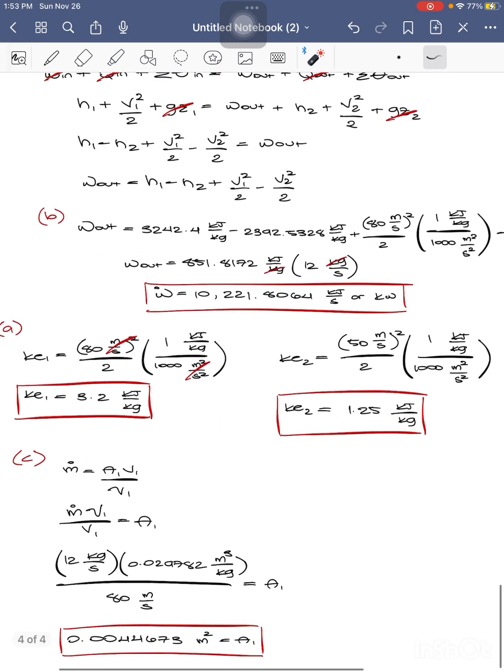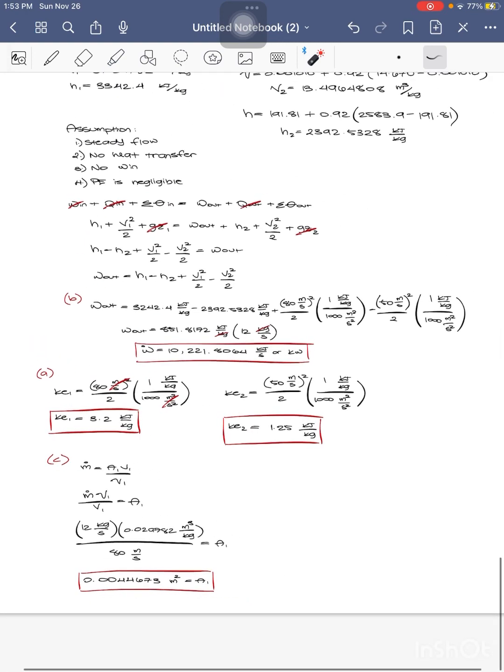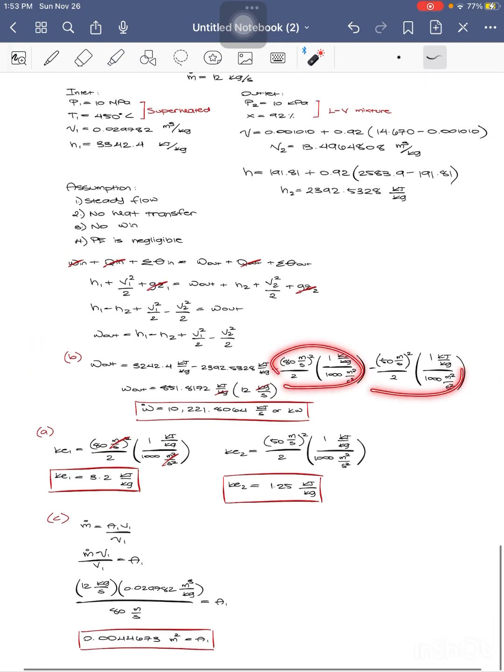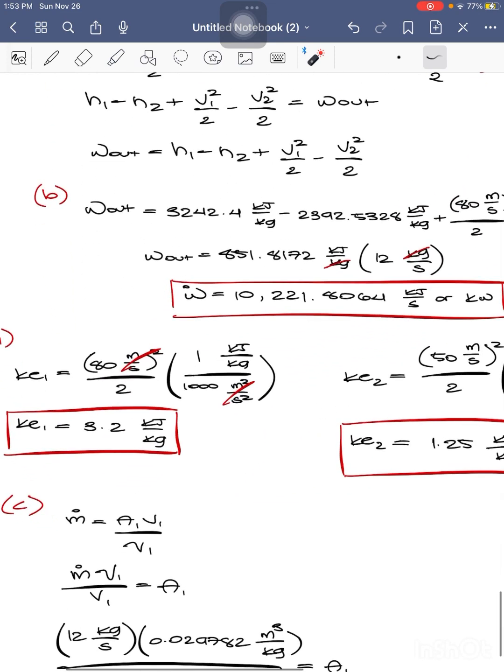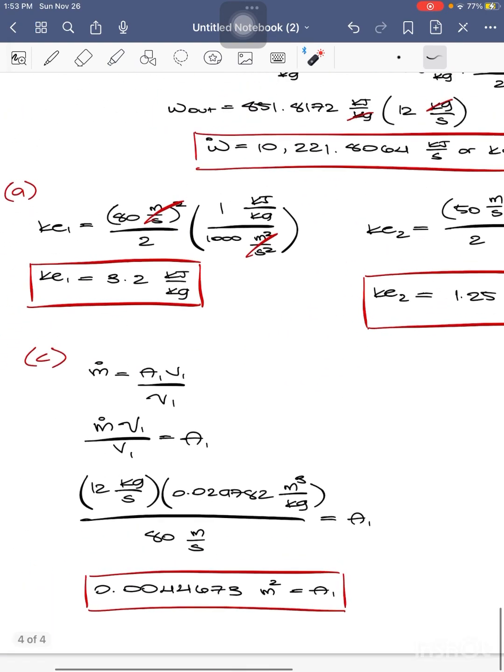Next, I computed for the kinetic energy, which is this one also, and the answer is 3.2 kilojoules per kilogram. And for the kinetic energy of the outlet, it is 1.25 kilojoules per kilogram.